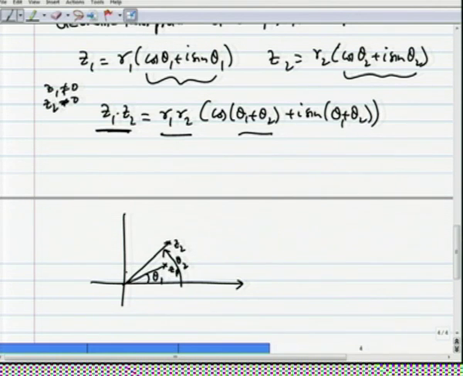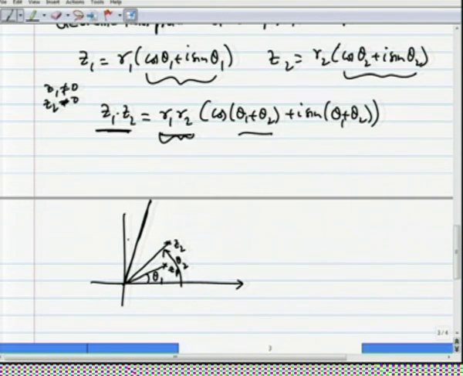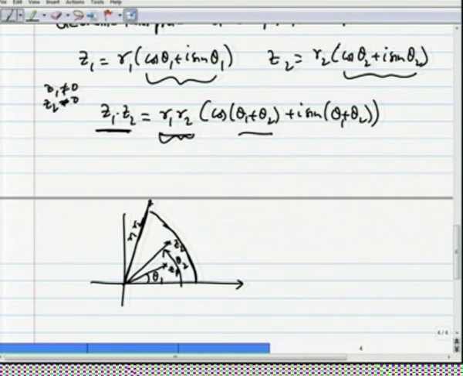Then your z 1 times z 2 is going to have a modulus. So, the length of this line segment is going to be modulus of z 1 times modulus of z 2, like we see here. So, it is going to have r 1 times r 2 as its modulus, and then it is going to open with the positive x axis with an angle theta 1 plus theta 2. Okay. So, that is your geometric interpretation of multiplication.